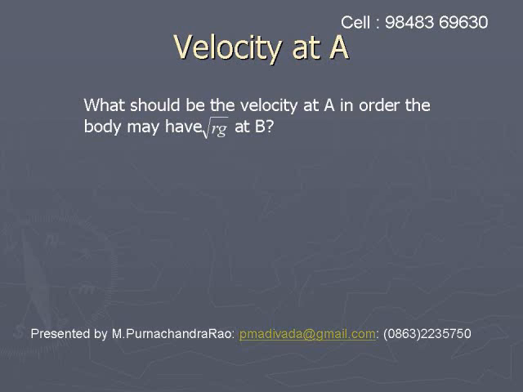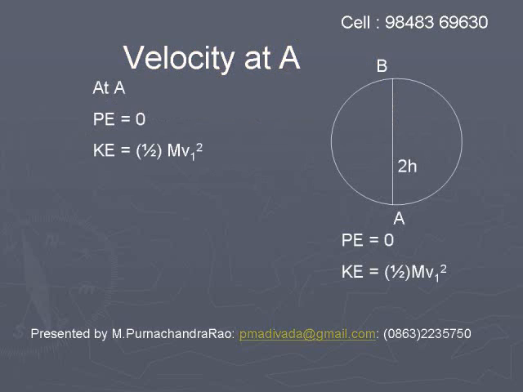To have the velocity root rg at the highest point, with what velocity should the body be projected at A? What should be the velocity at A so that the velocity at B is root rg?